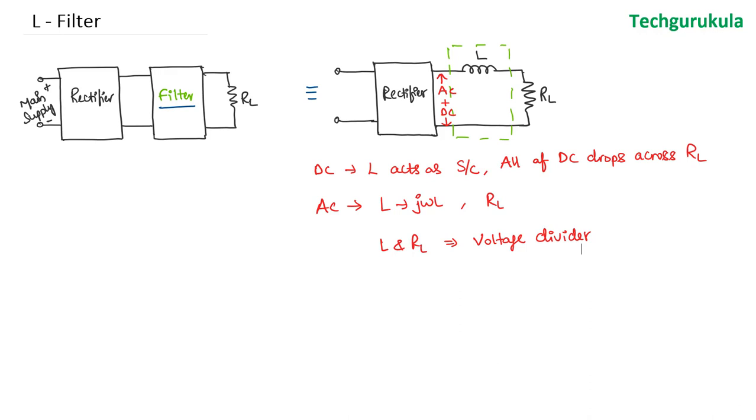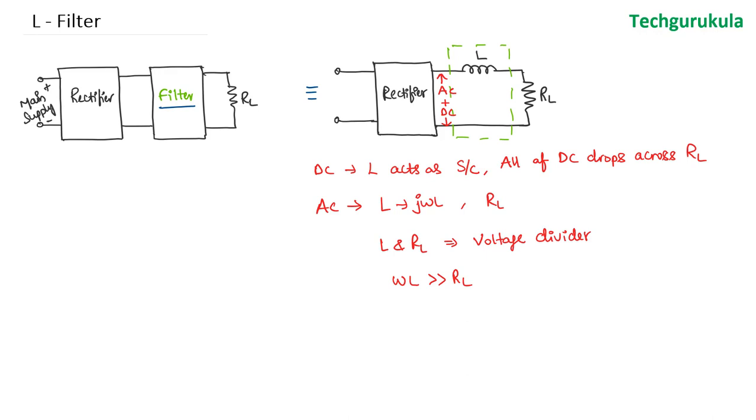But then we need the magnitude of the reactance, omega L, to be much greater than the load resistor, so that when AC voltage comes, most of it gets dropped across the inductor, not across the load resistor.